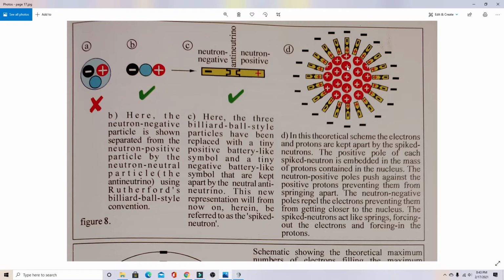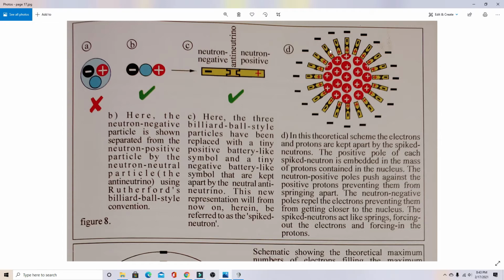So this is why the protons don't spring out, because this positive charge here is keeping them in. Right? The neutron negative pole, which would be this side, repels the electron, preventing them from getting too close to the nucleus, right? Okay, the negative keeps the negative away. The positive keeps the positive away.